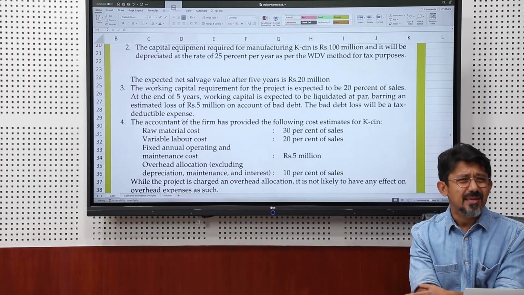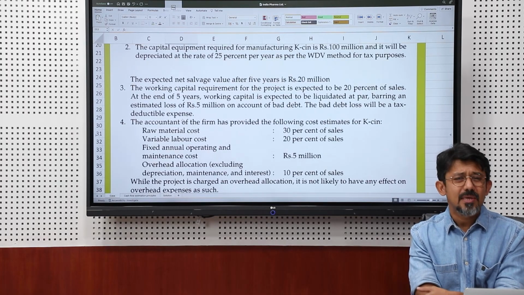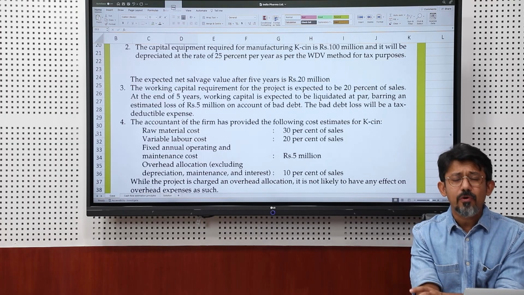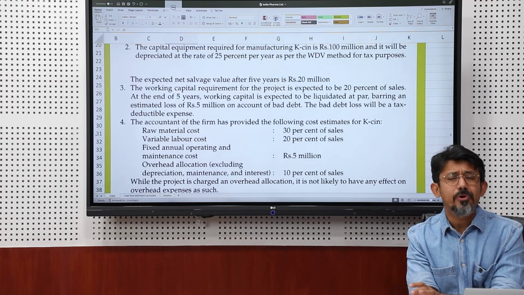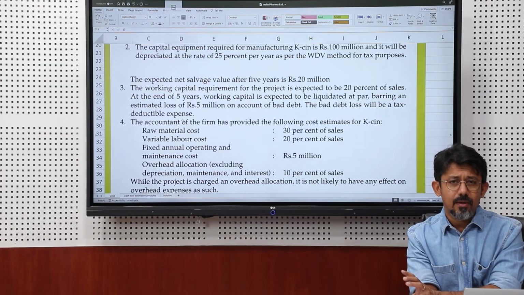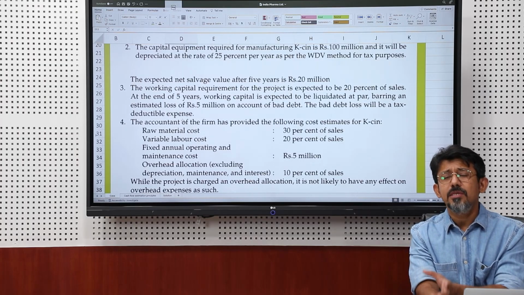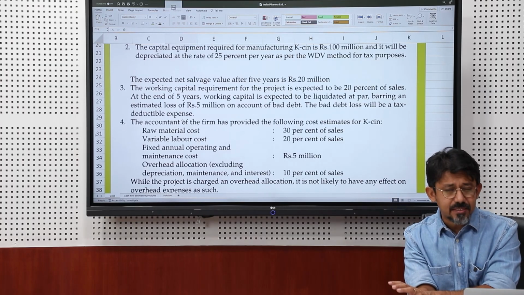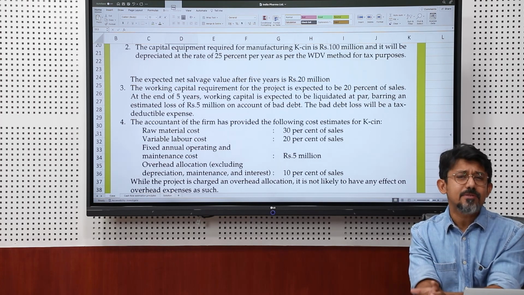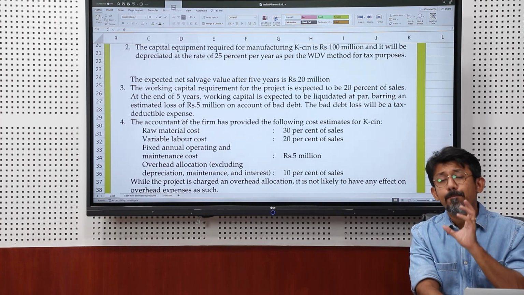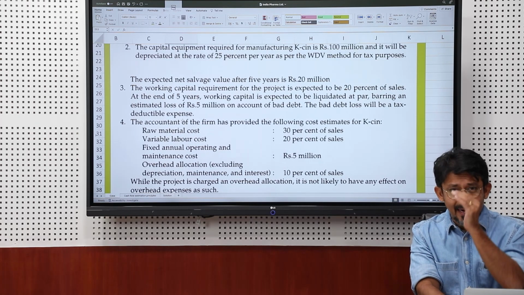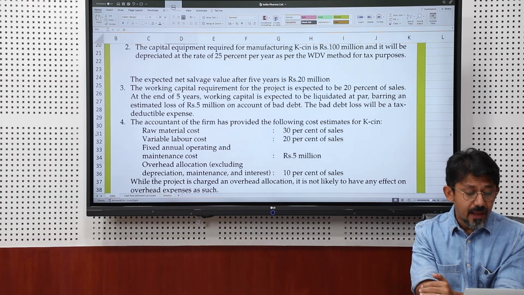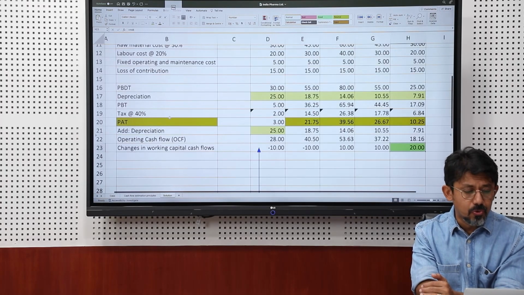That like salary, wages, rent, administrative, all of these expenses will go on to determine my PBT, and my PBT is the amount on which I pay tax. So, if I deduct 5 million as bad debt in my profit calculation, my tax amount will go down, and that is exactly what I want to do.